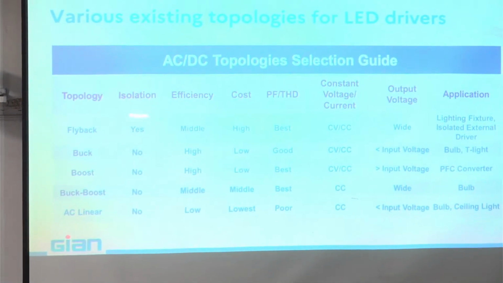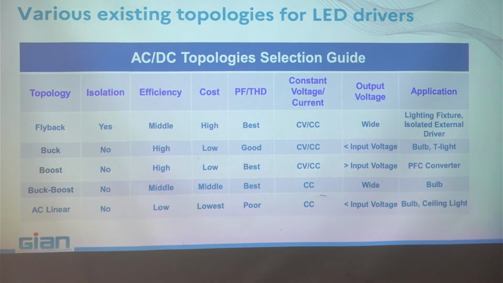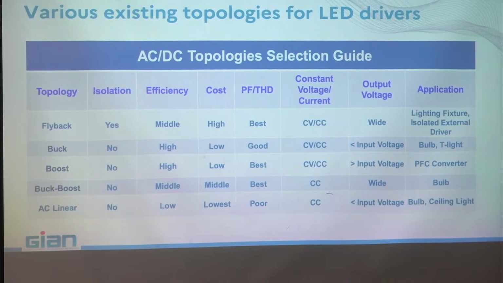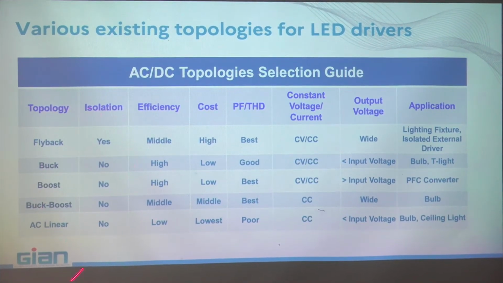Well, there are various existing topologies to make all these kinds of drivers. And you see here the main topologies that we use today are flyback, buck, boost or buck-boost, and AC linear.